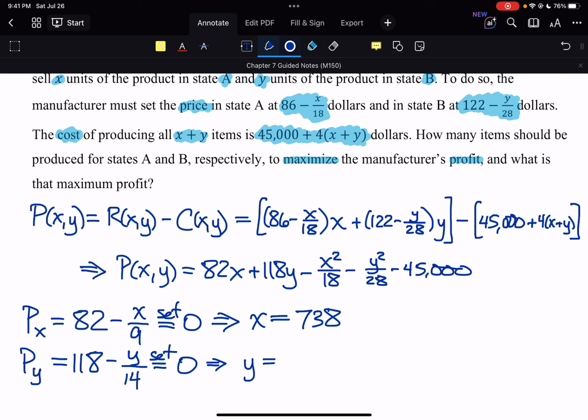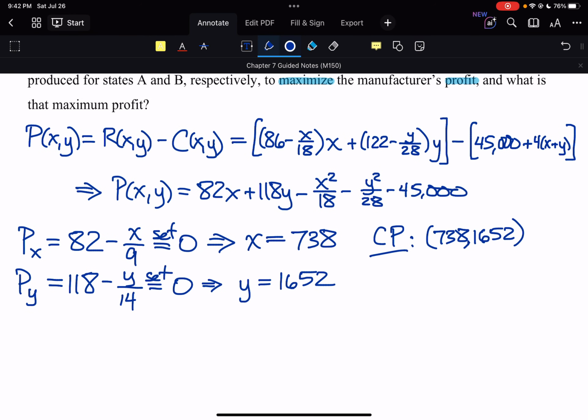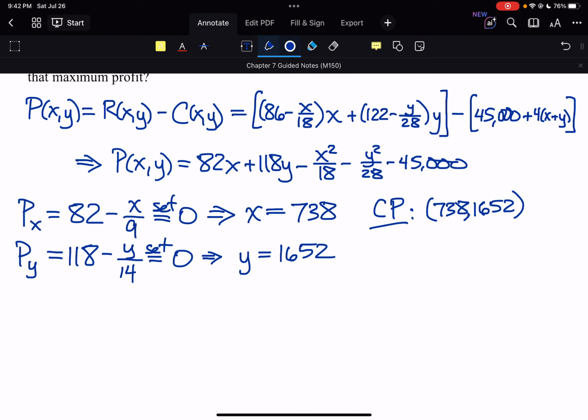Same thing, multiply the y, we get 1652 for y. Practical numbers are not always the easiest numbers, but the fact that they're whole numbers I think is still a good thing. So we have our critical point.